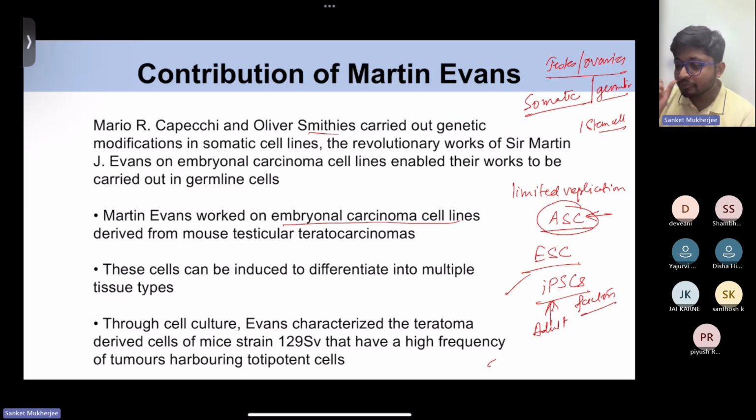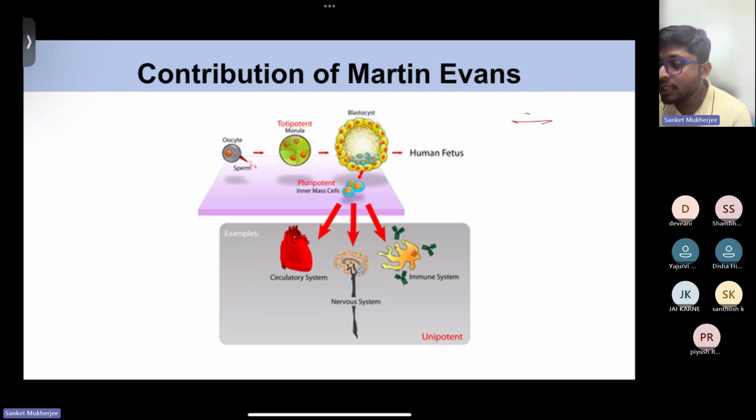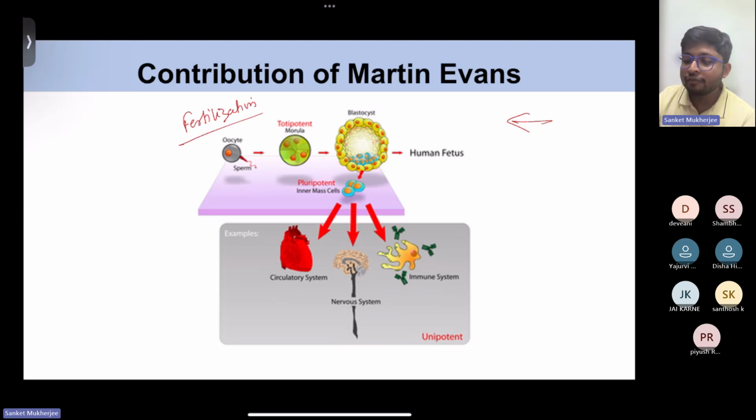So anyway, if you look at this diagram, you would see what Martin Evans did. This is the fertilization event where an oocyte and a sperm fuse together to form a zygote, right?